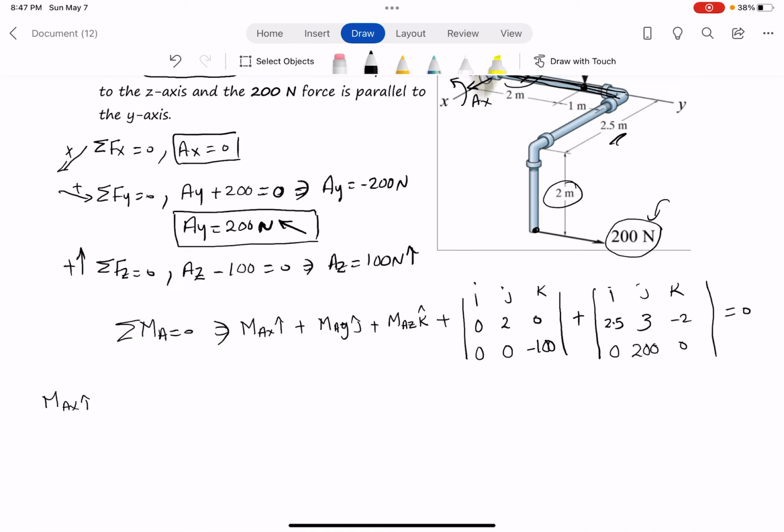So MAX I, MAY J plus MAZ K plus. Let's do first of all, if you do the I, it's 2 times minus 100.